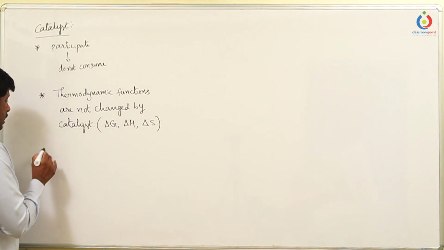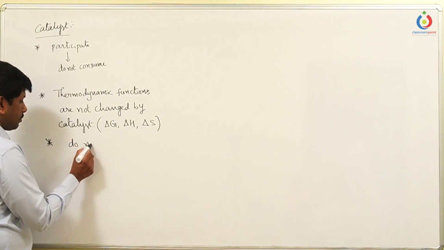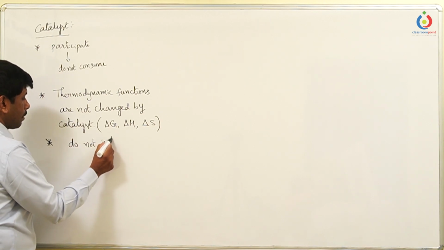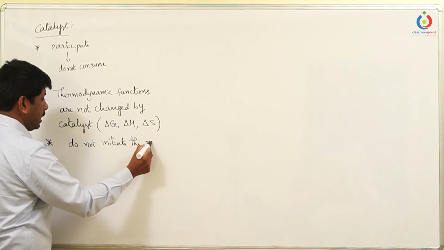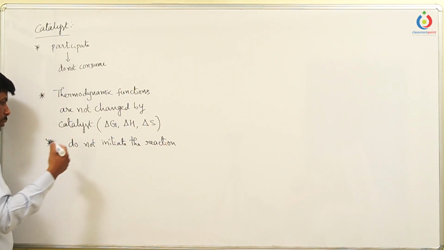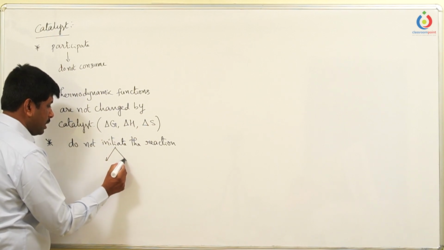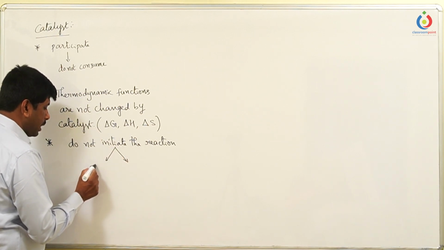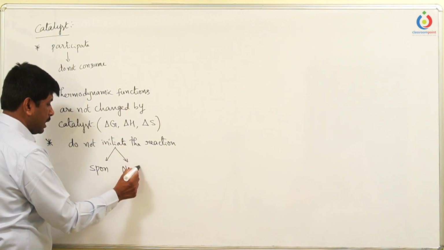The second thing is, a catalyst does not initiate the reaction. It only helps to increase the rate of reaction. Reactions are of two categories: spontaneous reactions and non-spontaneous reactions.